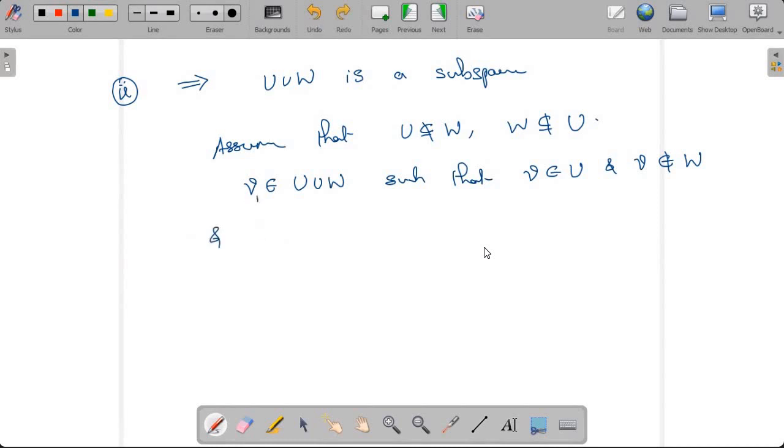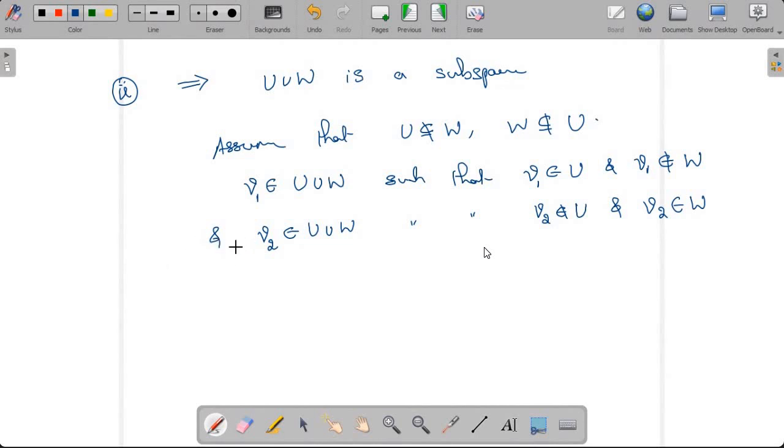Let me name it as V1 and let V2 be an element that is in U union W such that this V2 does not belong to U, but this V2 belongs to W. This is V1. Okay, so now we picked up one element which is there in U but not in W, and another element which is there in W but not in U.